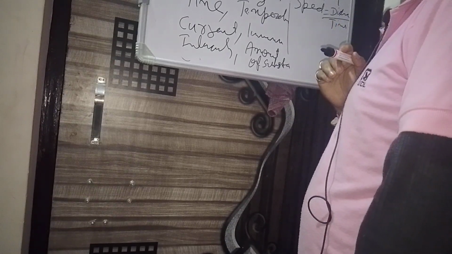Speed is equal to distance by time. Speed is a derived physical quantity because it is dependent on distance and time. There are many derived physical quantities we will discuss in future.